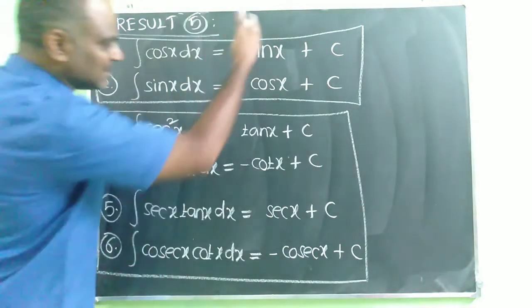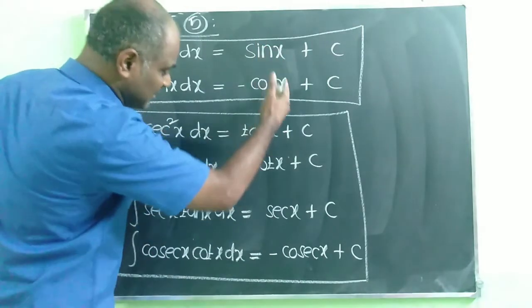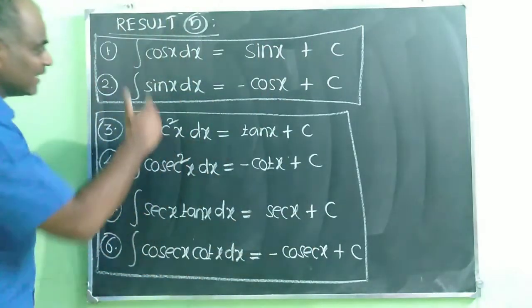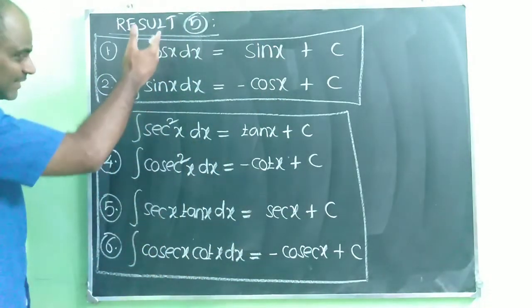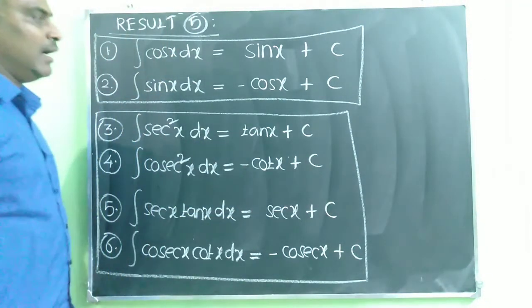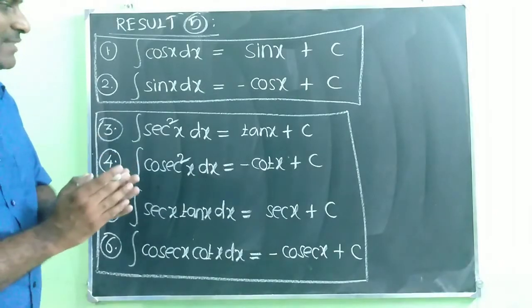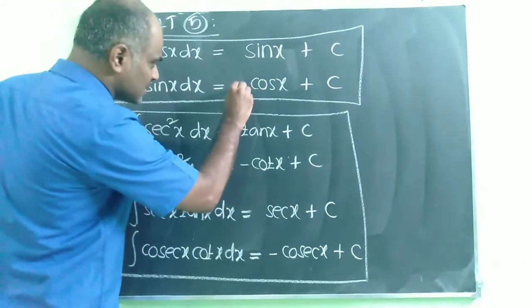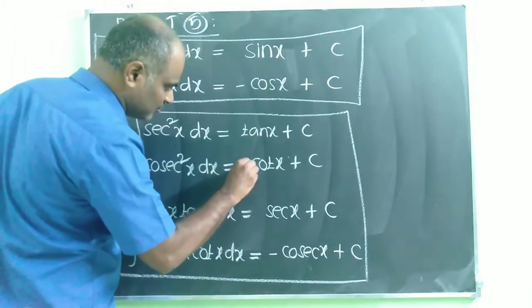On the answer side you see the derivatives of these functions, which give you the integrand value. Here, the integration of all these gives you the derivative value. The common thing you see is that the co-functions get the minus value.